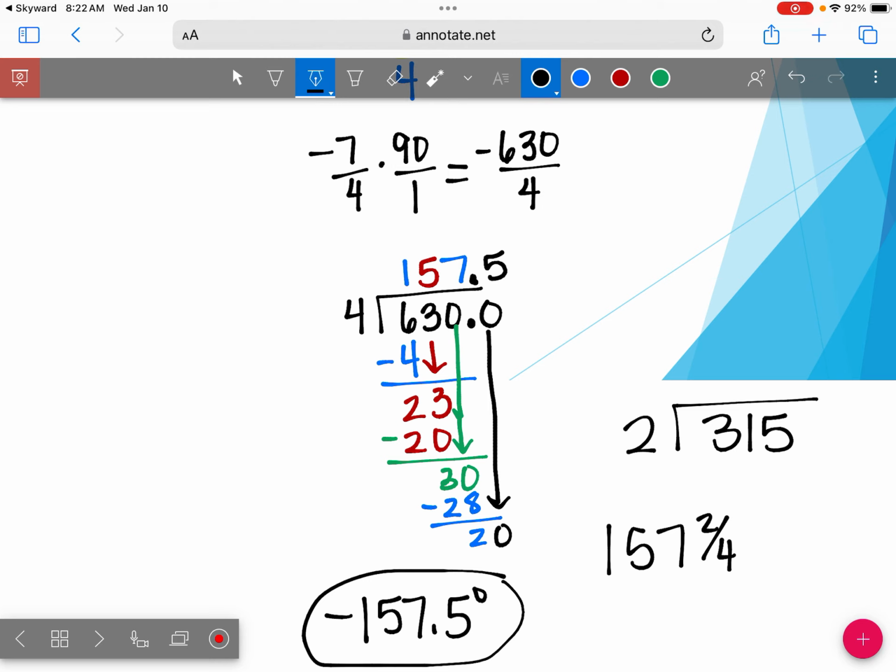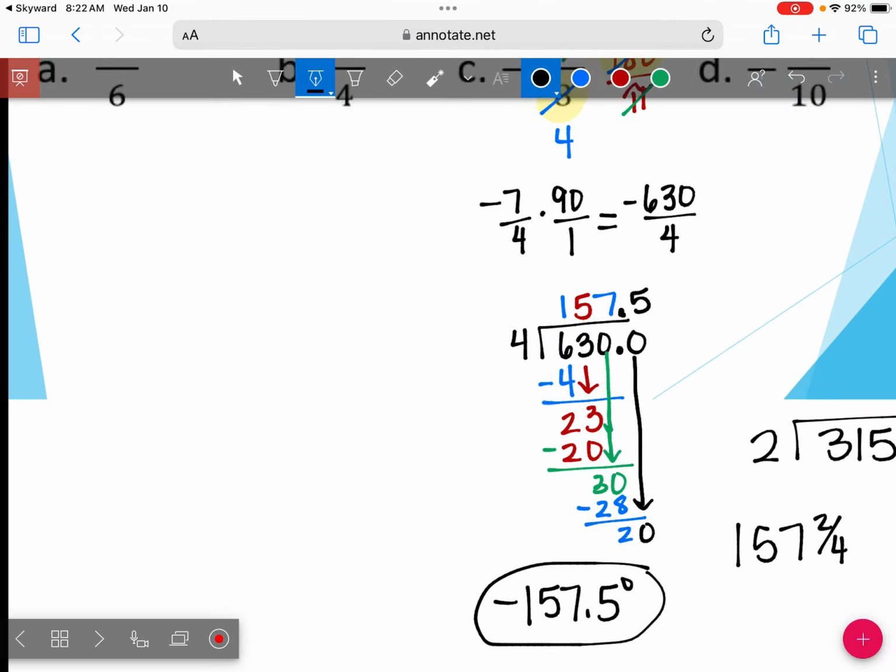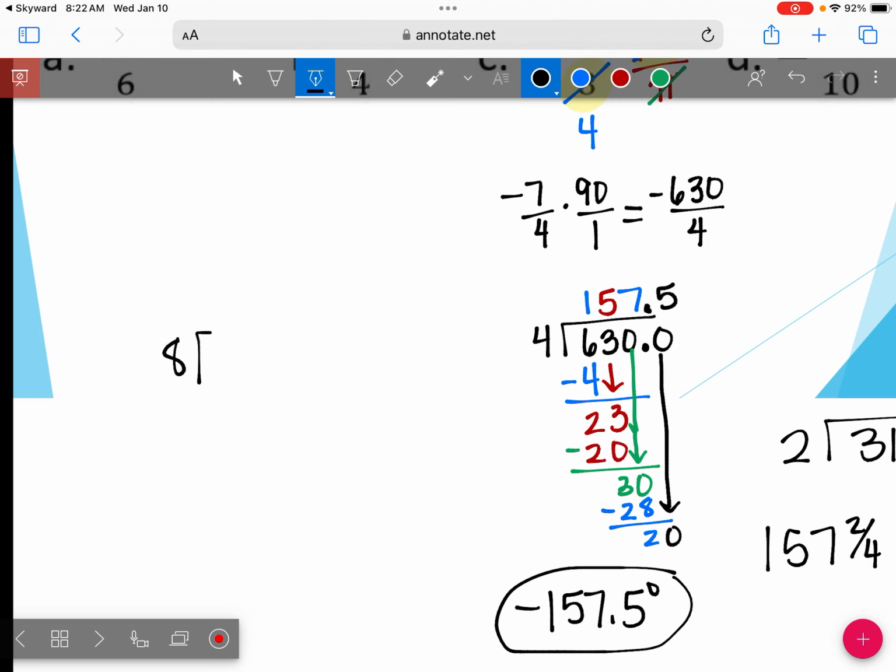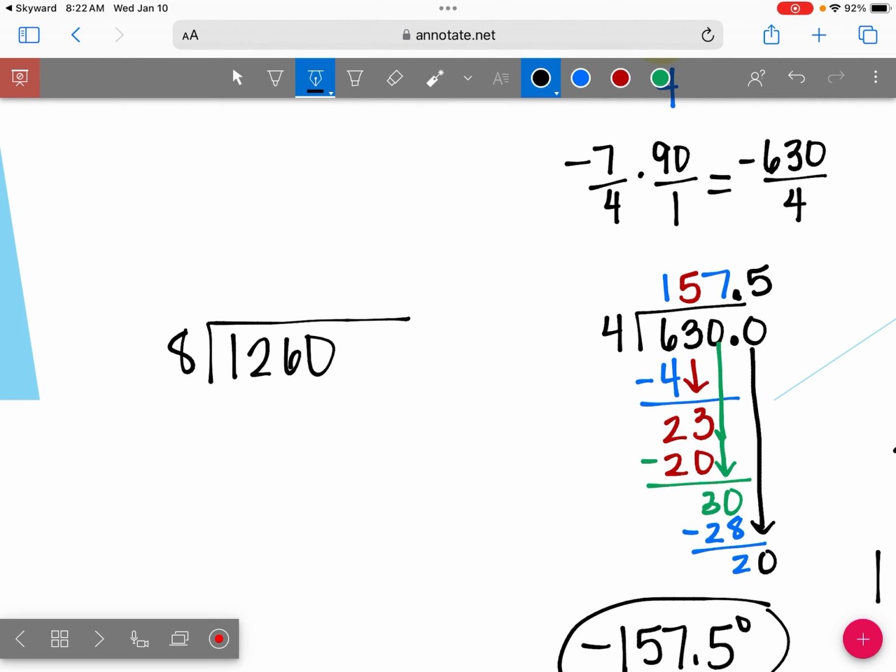Can you do the long division for 1260 divided by 8? You want me to do that? Because we didn't reduce. So we had 1260. So 8 goes into 1260. That's what you got? Yeah. All right, so 8 goes into 12 one time. So 4. We're going to bring down the 6. How many times does 8 go into 46? Not 7. 5.